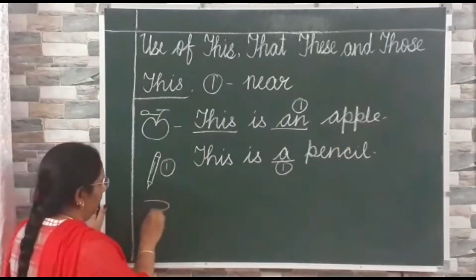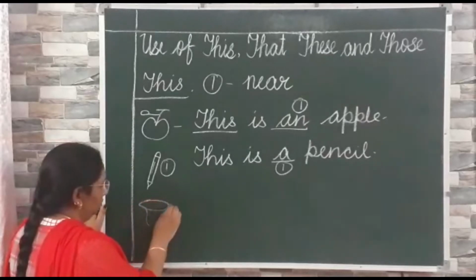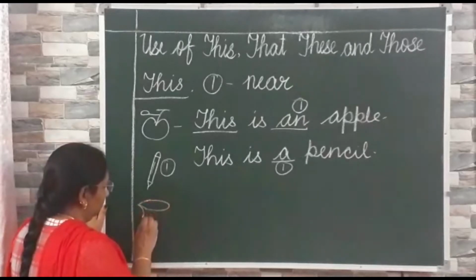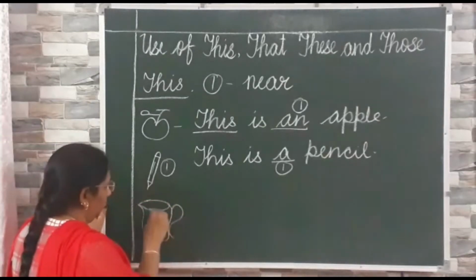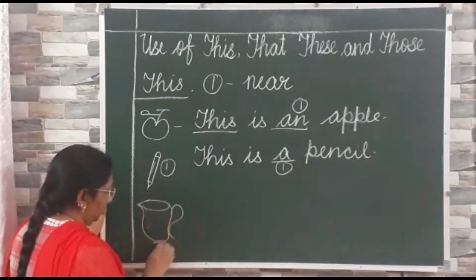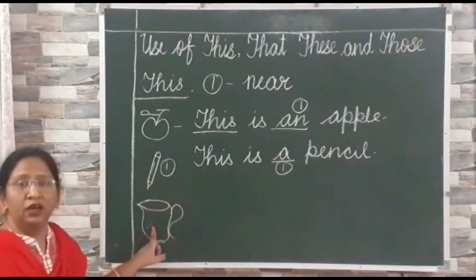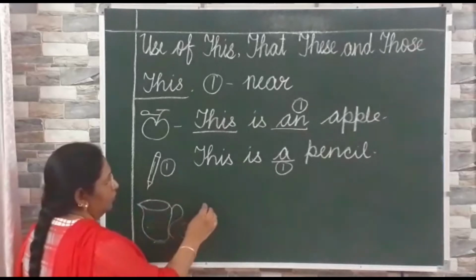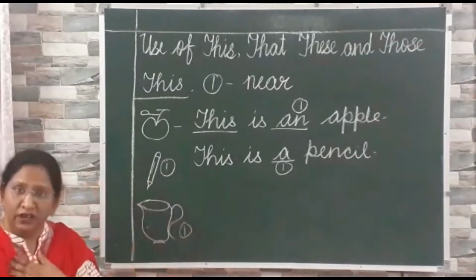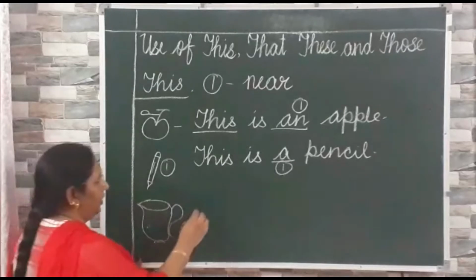See another example. What do you see? A jug, isn't it? And how many jugs are there? Only one. And the jug is near also. So what will we write?